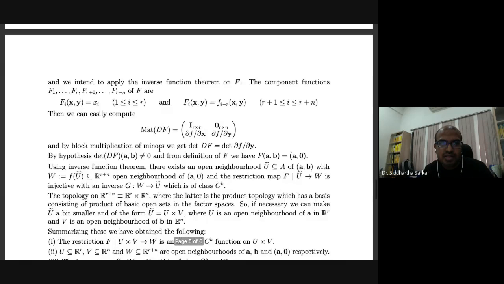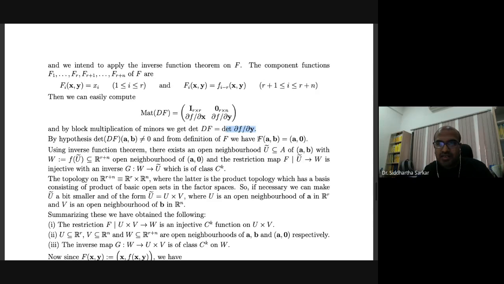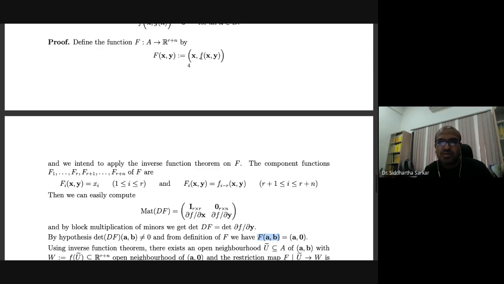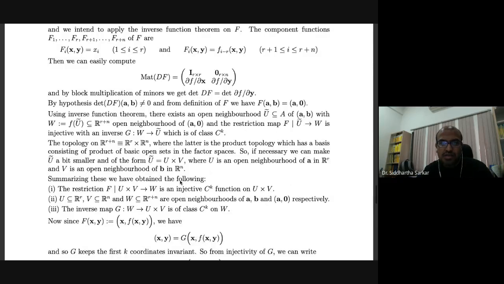So this one turns out to be the determinant of that at this point, which does not vanish. And then I have f(A, B) goes to (A, 0). This just comes from my definition, because f(A, B), if computed at (A, B), is 0. This is also part of my hypothesis over here. Okay, so I can manage to apply the inverse function theorem.